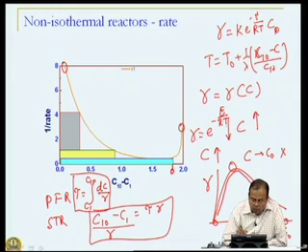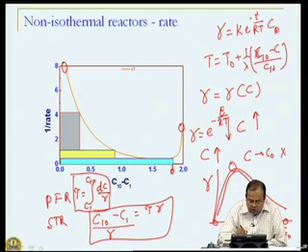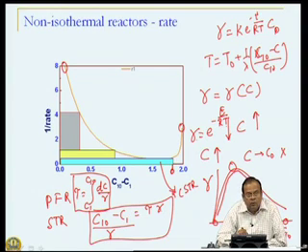So, somewhere over here, the blue rectangular area is the conversion that we will get, or that is the residence time that is required to achieve that conversion. So, this is my CSTR, tau CSTR, and what will be the area for plug flow reactor?